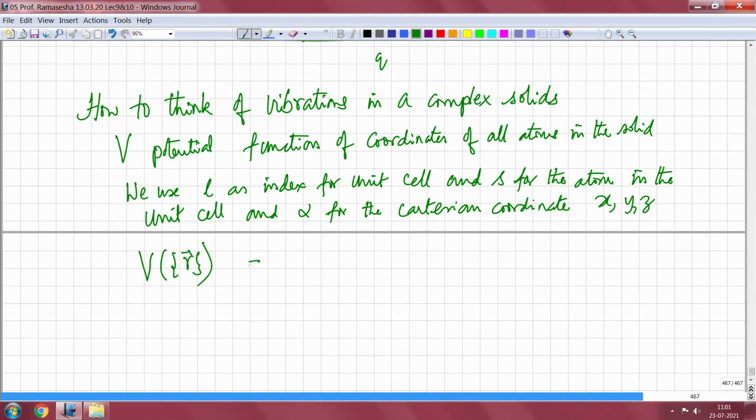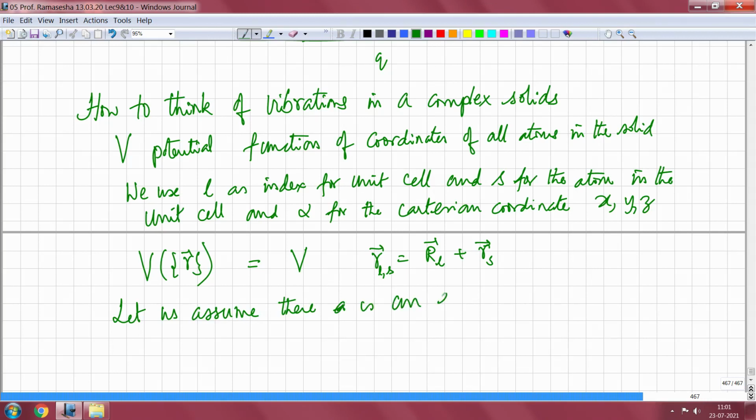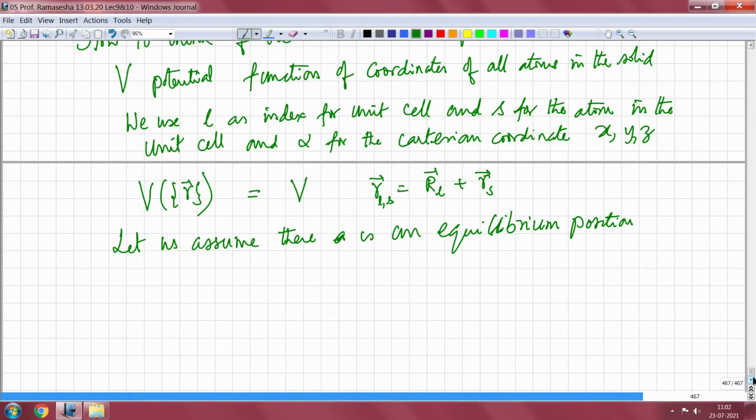I will just call it V. And the positions are given by R equals R_L plus R_S, of any given atom S in the unit cell L comma S. So let us assume that there is an equilibrium position at which the potential is a minimum, that is, at which V is equal to V naught, and expand V about this position in a Taylor series.